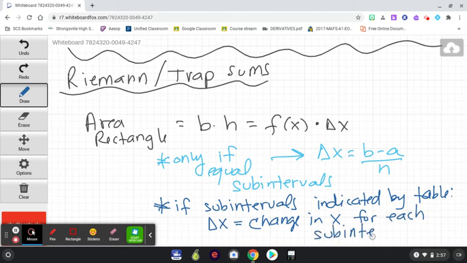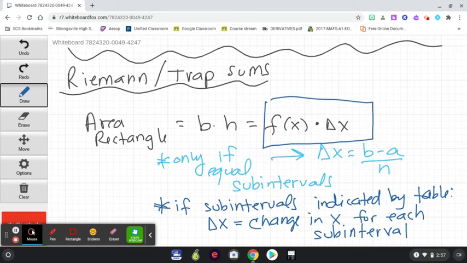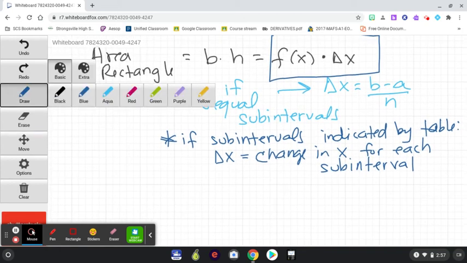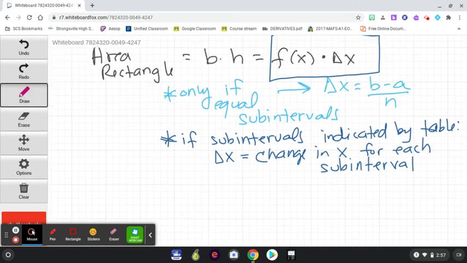And that happens to us. So it'll say, given the subintervals indicated in the table. Well, then I got to go through and every calculation here, I would have a different delta x. Okay. Remember that anytime we're talking about area, whether it's area of a rectangle or whether it's area of a trapezoid, that area is equal to a definite integral on some interval from a to b of my function.